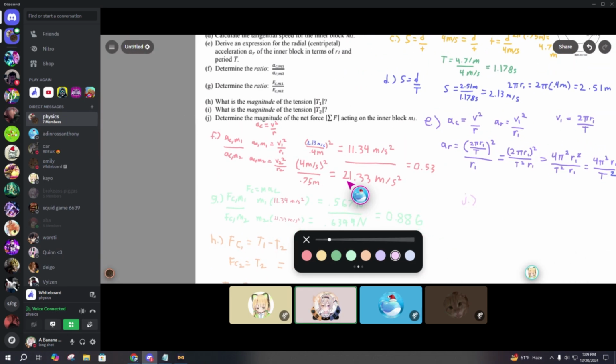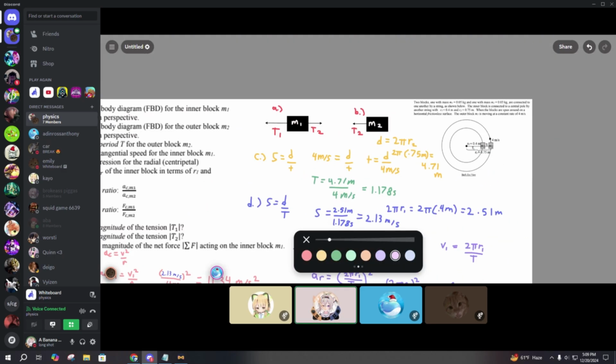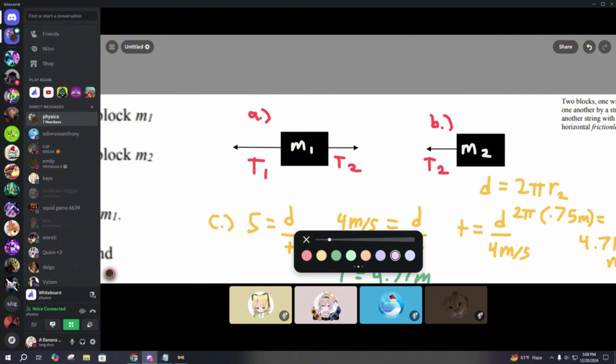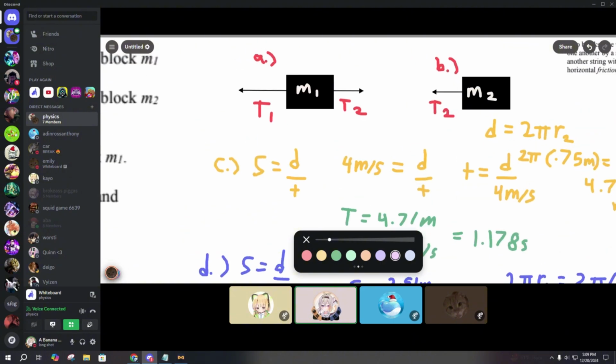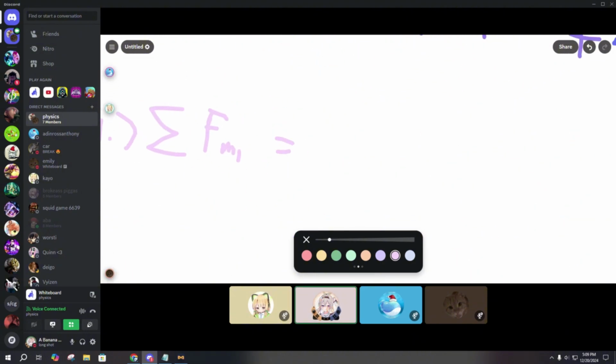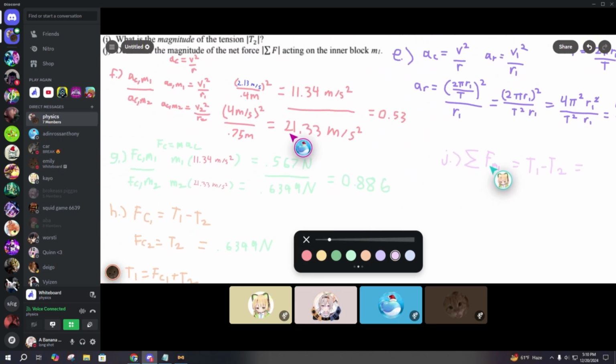J wants the magnitude of the net force acting on M1. So basically, sum of all the forces acting on M1. However, if you look at all the forces acting on M1, you see that the FG and FN, they cancel each other out. They're not even included in this diagram because it's a bird's eye point of view, but regardless of that, they'll cancel each other out, so I don't need to worry about them in the calculation of the net force. Really, all I have is T1 minus T2. Right?